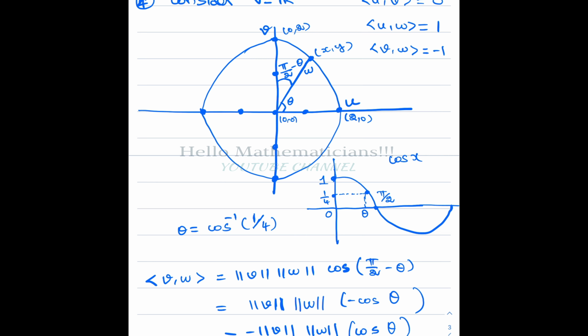So this is U with U at 0 degrees, U with V at 90 degrees. So now this theta lies between 0 and pi by 2. So this is my W. Okay, what is theta? Theta is the angle for which cos theta equals 1 by 4.